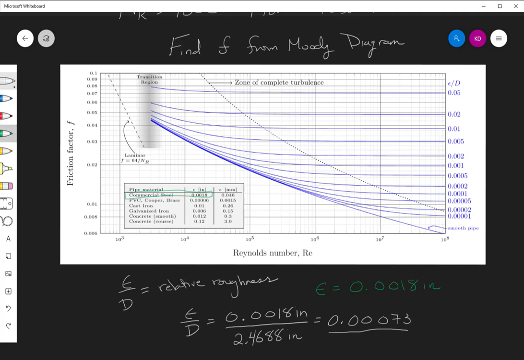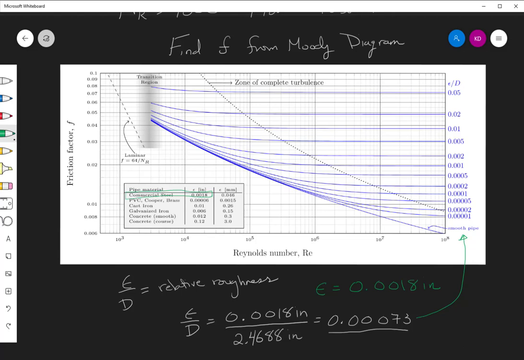And unfortunately, well, not unfortunately, it's almost never going to be the case that the relative roughness you calculate will be exactly one of those available in your Moody diagram. So what do you do? You look for the closest values available in order to make an estimate.